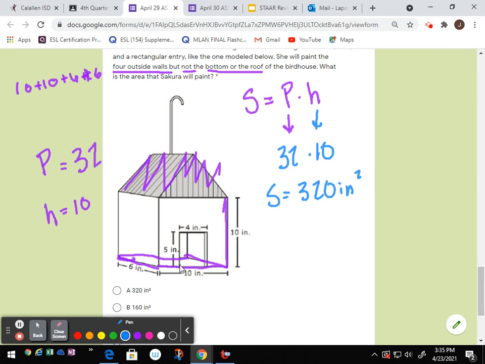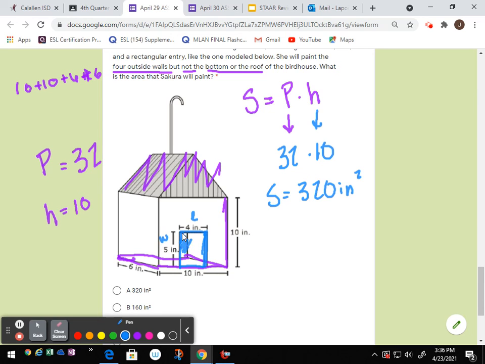But we have to remember now, we are not painting the door. We have a door here that we're not painting, so that takes away from how much we're actually painting. So we need to find the area of this door. The area of a rectangle is length times width. So 4 times 5 is equal to 20.